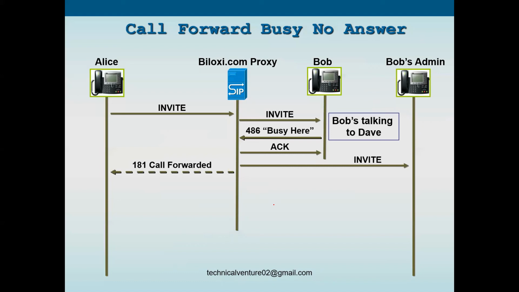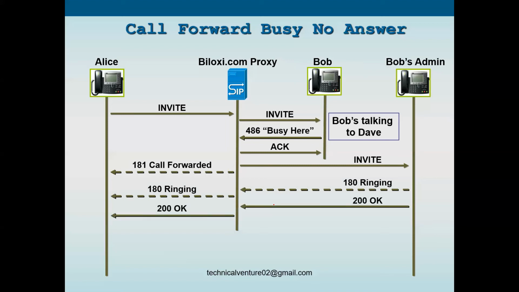And then the proxy will send one reply to Alice, the user agent, saying the call is getting forwarded. Earlier the call was to Bob. Now the call is getting forwarded because the proxy already sent the INVITE to Bob's admin, and the proxy should respond to Alice that the call is getting forwarded. So it will send the 181 Call Forwarded message. Then from Bob's admin, the proxy will get 180 Ringing, meaning Bob's admin is available, and then the proxy will send 180 Ringing to Alice.